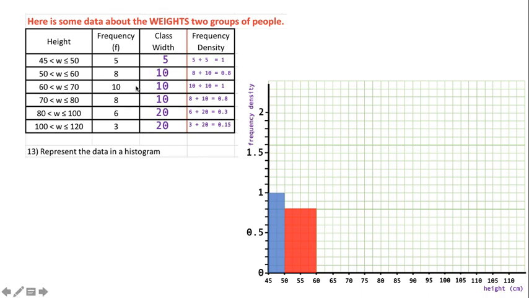Okay, next group is a class width of 10 from 60 to 70, and the height of the bar is 1, as we worked out here. And then the next group is going to be from 70 to 80, and the height of the bar is going to be 0.8.